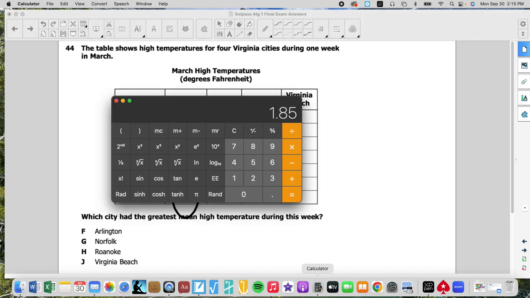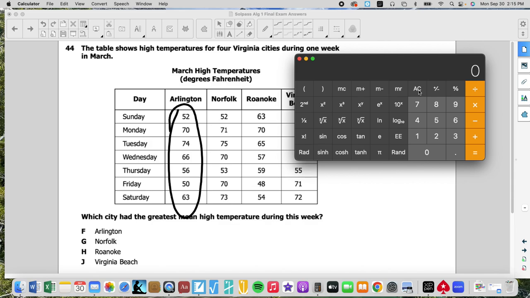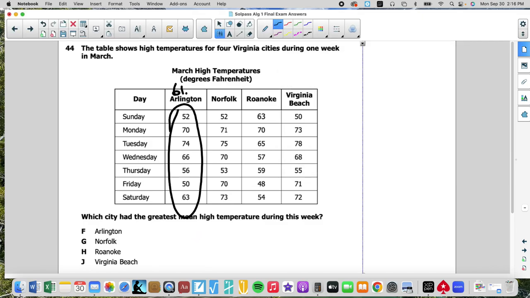Let's do our average: 52 plus 70 plus 74 plus 66 plus 56 plus 50 plus 63 equals, we have 7 numbers, divided by 7 gives us 61.57. Now we're going to do Norfolk.